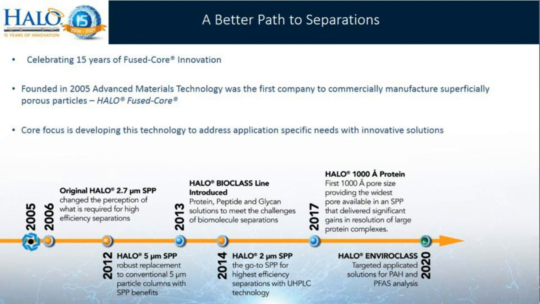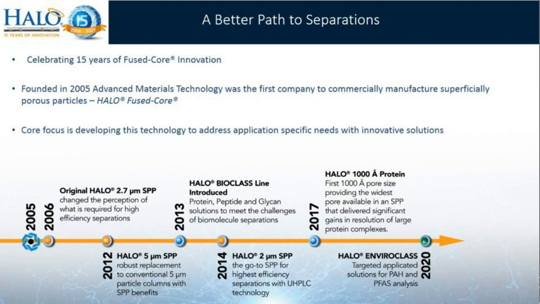In 2013, we extended this technology specifically to look at materials that would be best suited to biological macromolecules, including peptides, proteins, and carbohydrates. Since that time, we've also made smaller particle superficially porous materials, bringing to the marketplace the 2 micron SPP material, and then followed that up in 2017 with very large pore, 1,000 angstrom pore size superficially porous particles.